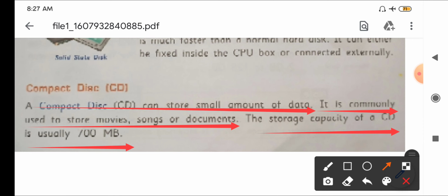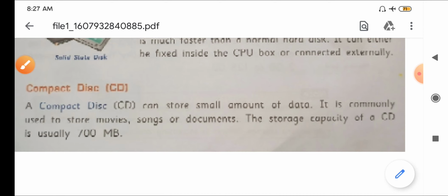So the compact disk is also a type of storage device, and it can store only a small amount of data. It is mostly used for songs, movies and documents, and it has the capacity of storing about 700 MB.